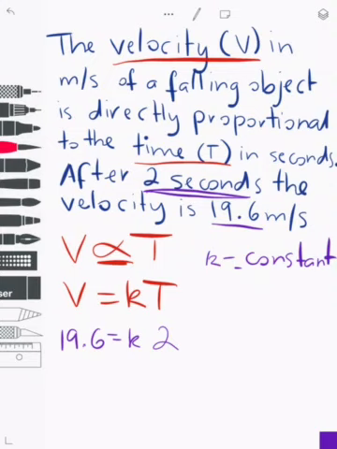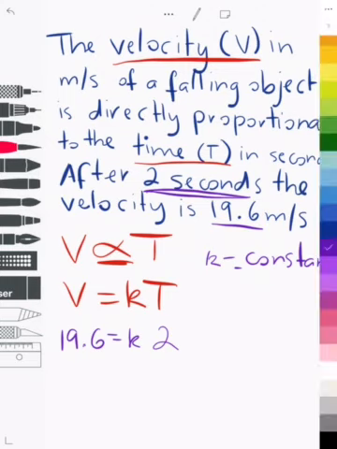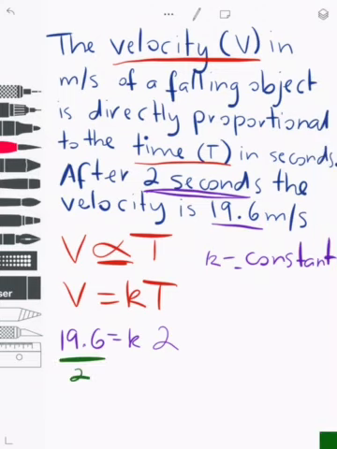So I can use equations to rearrange this formula to get k by itself. With the k there's a multiplication of 2, so the opposite of multiplication by 2 is to divide both sides by 2. That cancels that out, and I'm left with k equals 19.6 divided by 2, and I get 9.8.